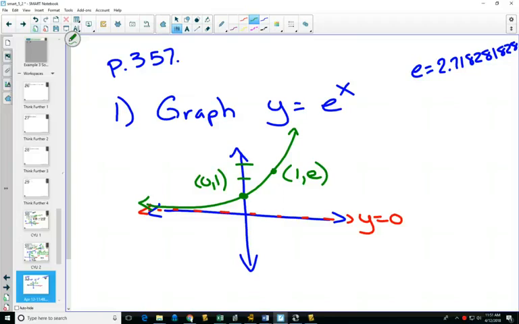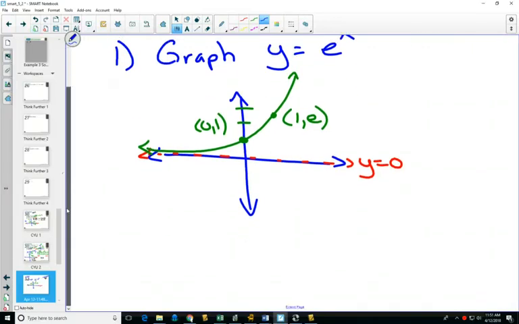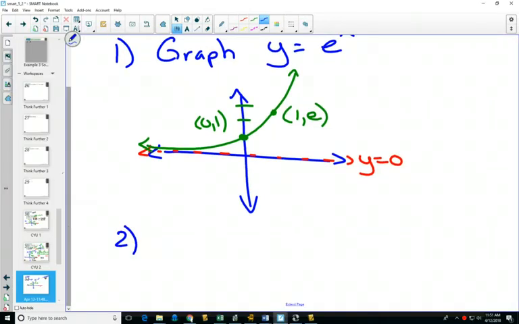So now that you can graph the parent graph for the number e, in number 2, you will also be asked to graph exponential functions with transformations with the base of e, because the number e is very important in calculus, in population growth problems, and a lot of mathematics, and it is also very important in logarithms, so it comes up a fair bit in this unit.